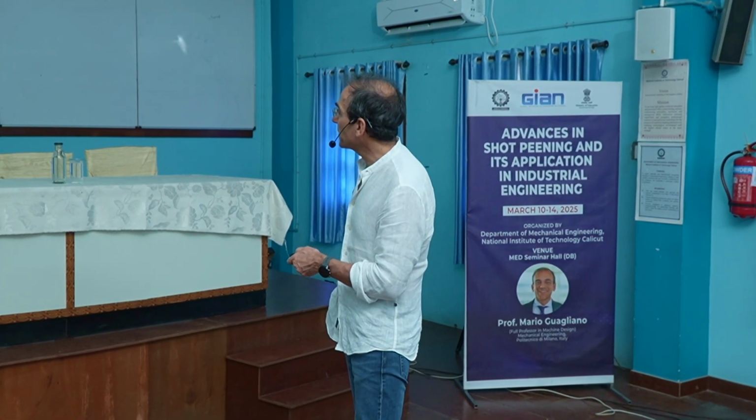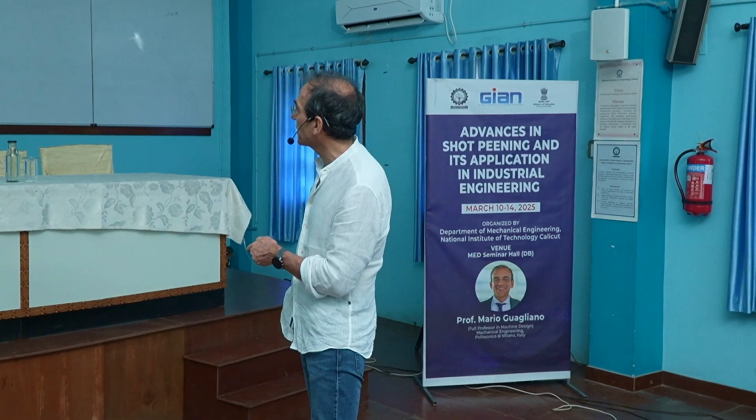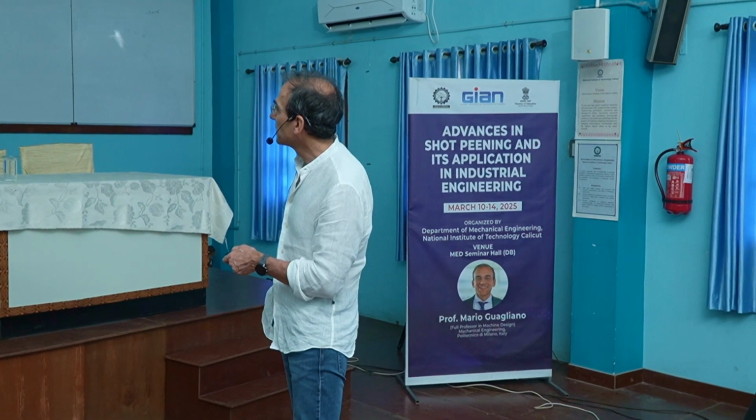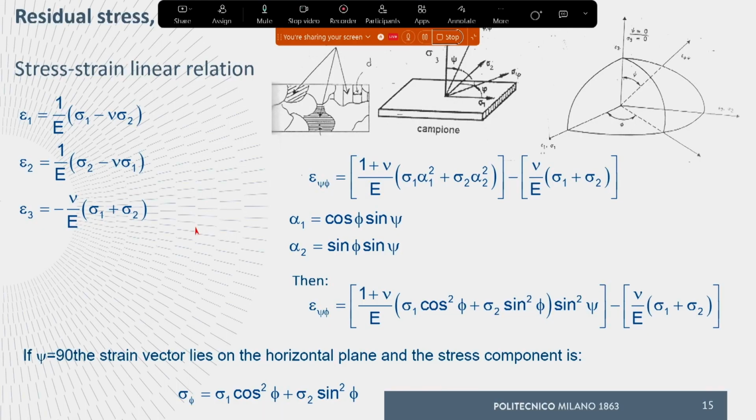And the strain vector in the generic direction, epsilon phi psi, with respect to the principal directions, can be written this way. Okay, I'm not going to develop the formula. You must trust me, this is valid. Otherwise you can verify these formulas as homework, okay?